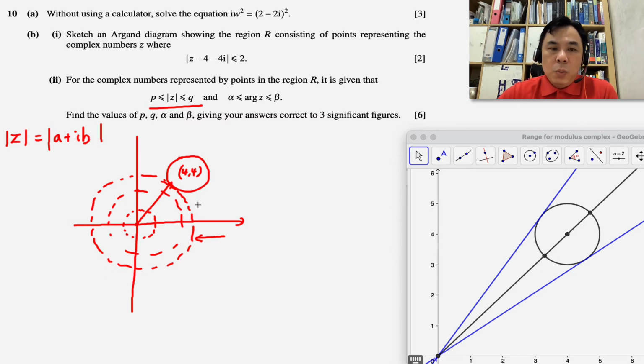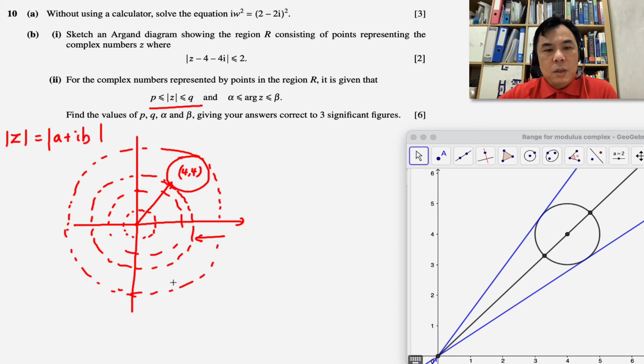And then we can further extend the circle so that it looks something like this, the largest that we can have. Now we are looking at the maximum, or longest, distance from the origin until it touches the circumference here.